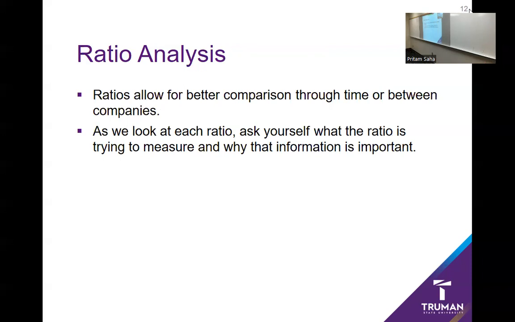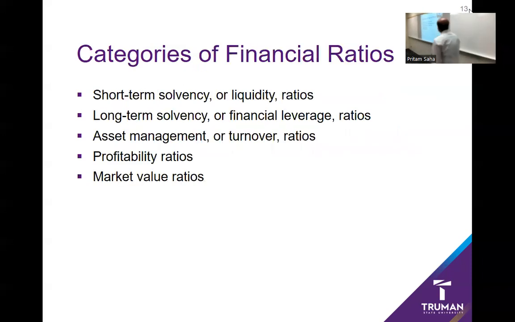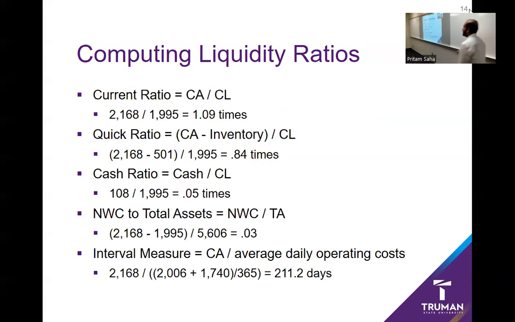So what are some ratio analyses we can do? We can talk about short-term solvency or liquidity ratios. We can talk about long-term solvency or financial leverage ratios, asset turnover, profitability, and market value ratios. These are some examples of liquidity or short-term solvency ratios. The most widely used when you talk about liquidity ratios is the current ratio.